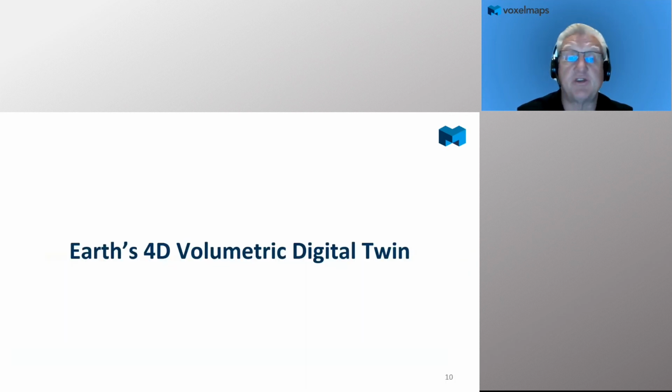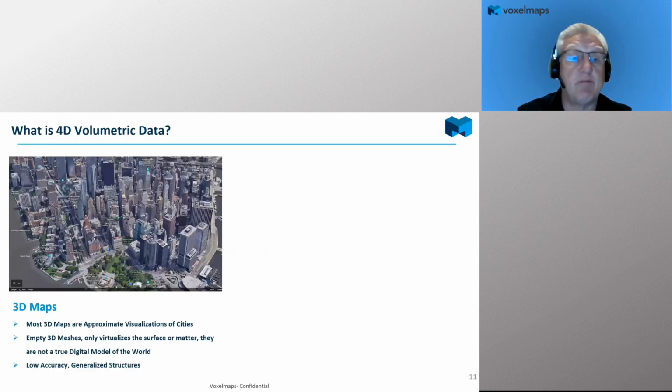So let's talk about this 4D volumetric digital twin that we're creating of the planet. 3D maps are approximate visualizations of the cities, and everybody has seen this data online, but they tend to be empty 3D meshes.